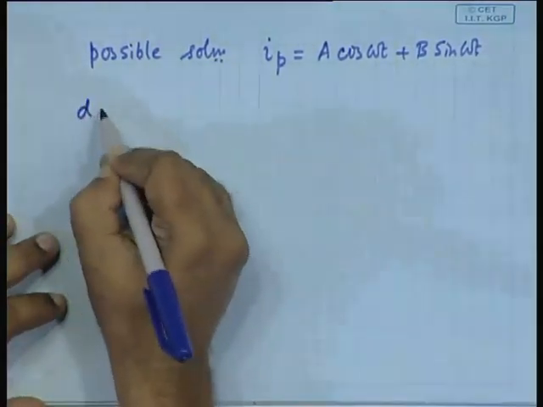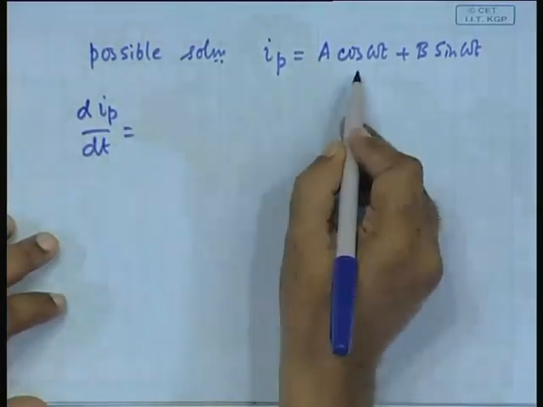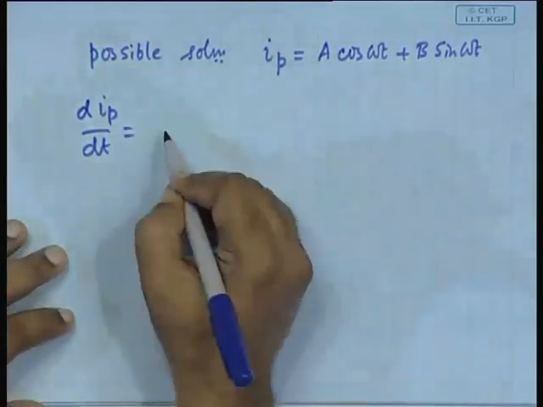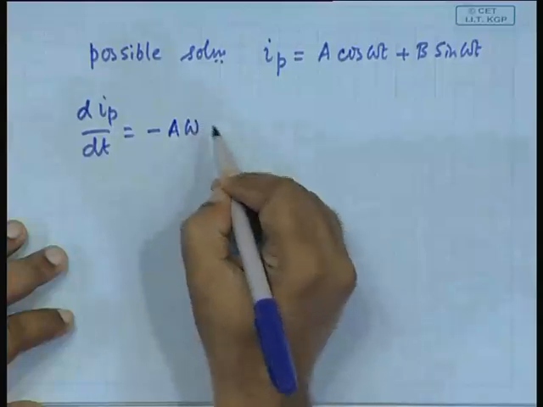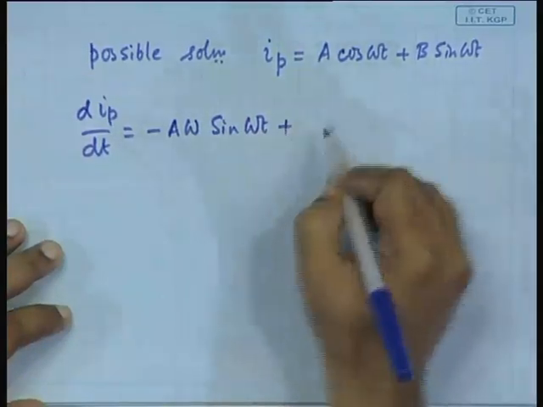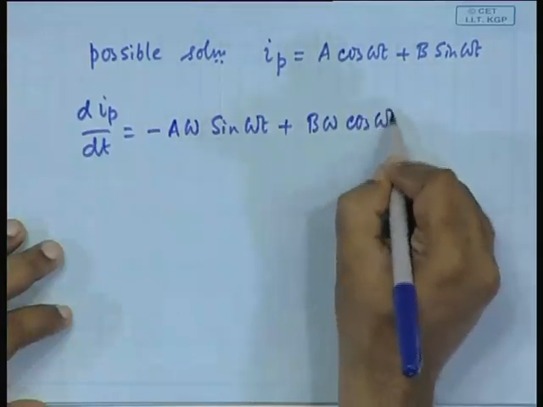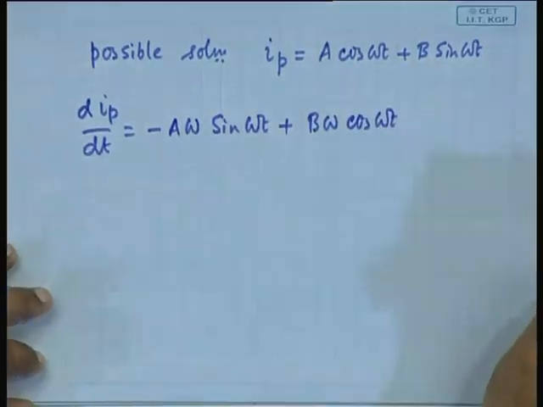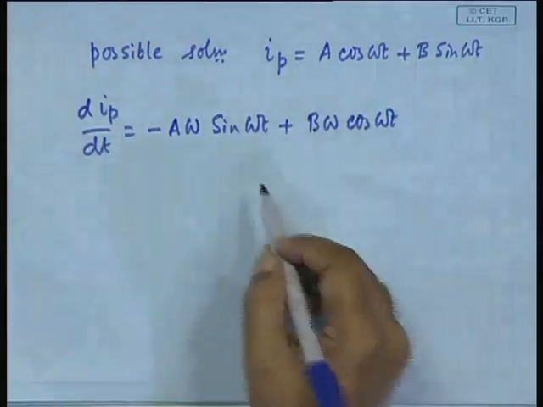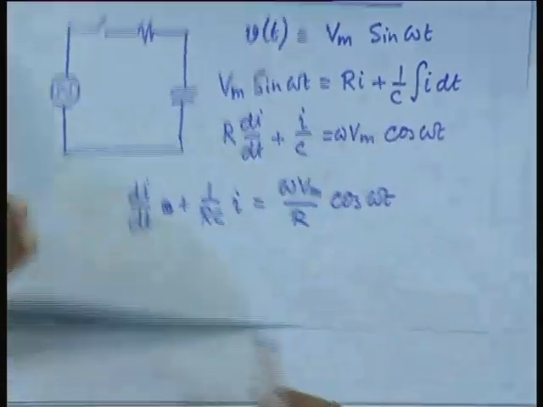So dIp/dt is minus a omega sin omega t plus b omega cos omega t. I want it to be a solution of this equation, so we substitute it here.